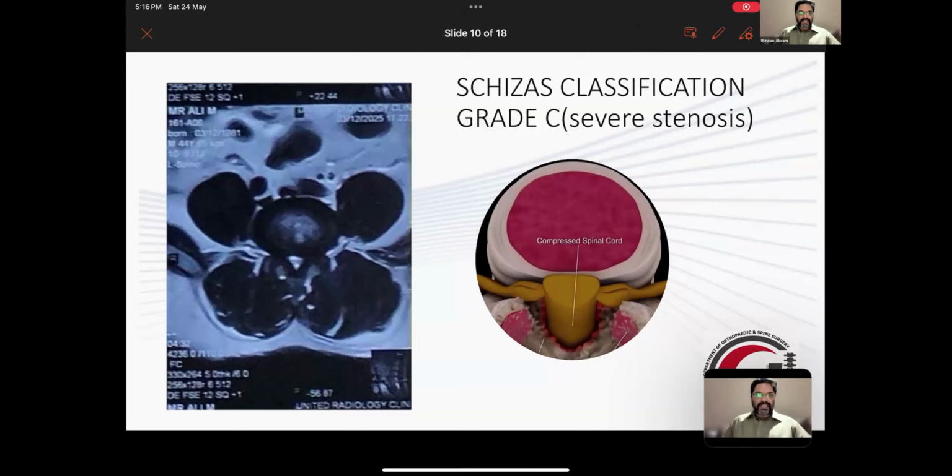And secondly, yes, I agree that it's not minimally invasive unless you respect the anatomy and preserve the facets. If you go in and shave off all the bone and disturb the joints, it will surely be an unstable spine later on. Likewise, if you remove too much disc, that ends up as an empty disc space, and it grows into an unstable level, and then you have to fix it.